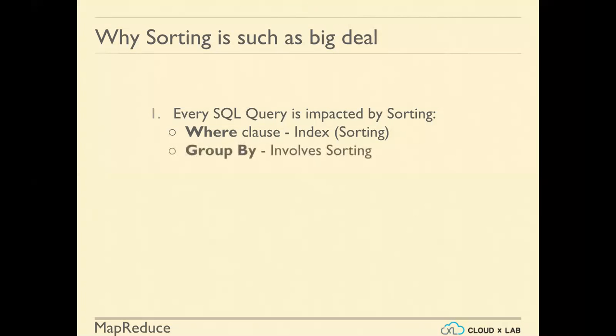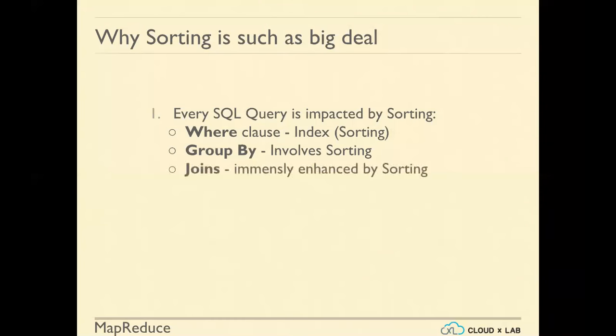If your query involves group by, then it involves sorting, because the way group by works is we sort the data, go from top to bottom, and if the keys, the values, the numbers are the same, we group them together, and so on. So grouping is actually done by sorting.